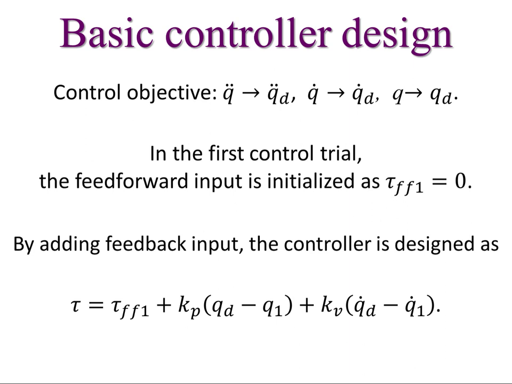As with the computed torque method and adaptive control, iterative learning and repetitive control can achieve the control objective if the feed-forward input tau FF becomes the torque tau D required to generate the desired motion. In iterative learning and repetitive control, the tau FF converges to tau D by learning from control results obtained from control trials.